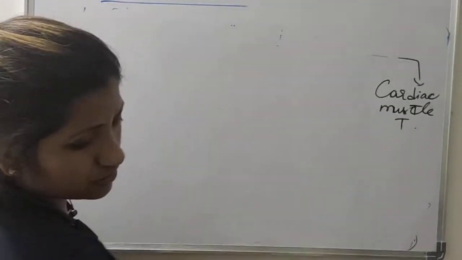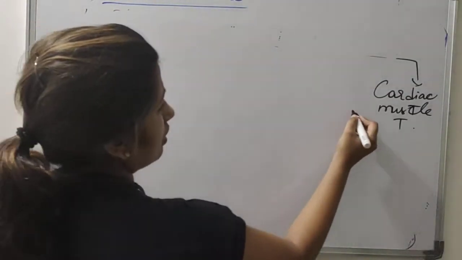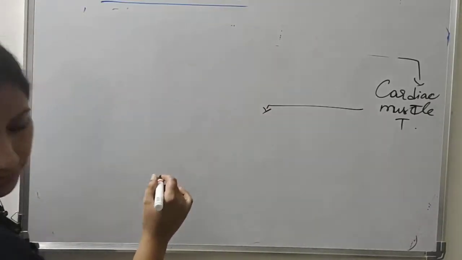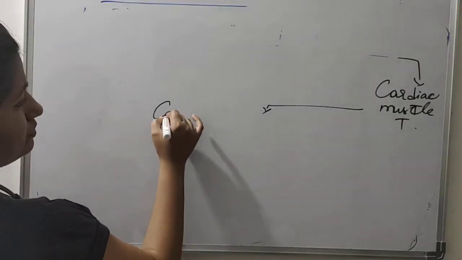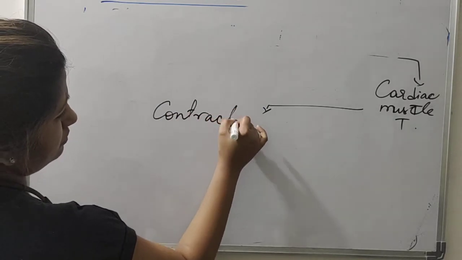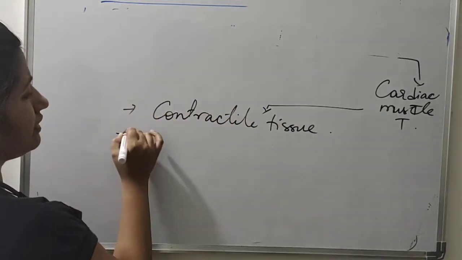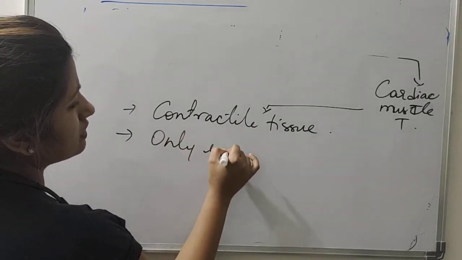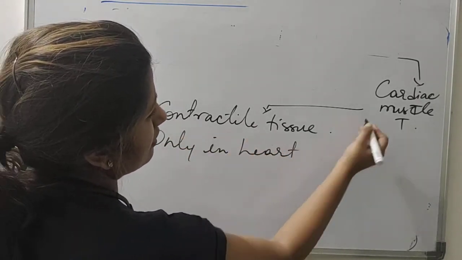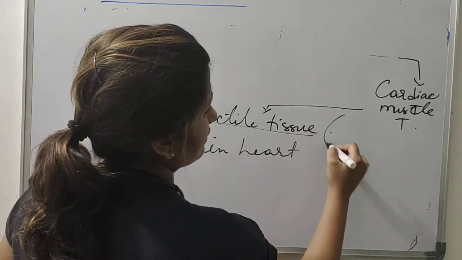Coming to cardiac muscle tissue. Cardiac muscle tissues are contractile tissue, and they are present only in the heart. Nowhere else will you find cardiac muscle. Now what do you mean by contractile tissue?